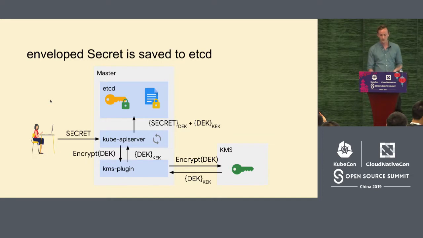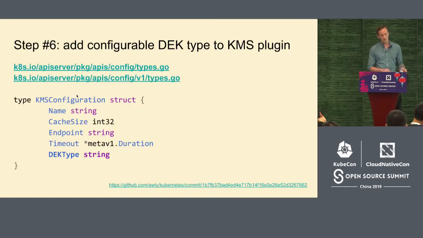So nothing unencrypted ever touches the disk, and the DEK only exists in the memory of kube-apiserver. Okay, two other steps that are optional. By default, the KMS plugin will use AES encryption for DEKs. If you want something else, and in this case I wanted my DEK to be an SM4 key, you need to do a little bit extra plumbing.